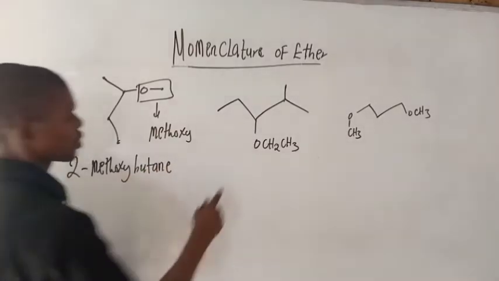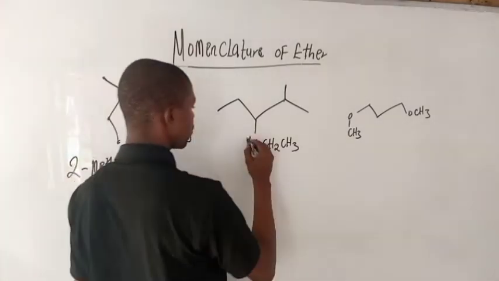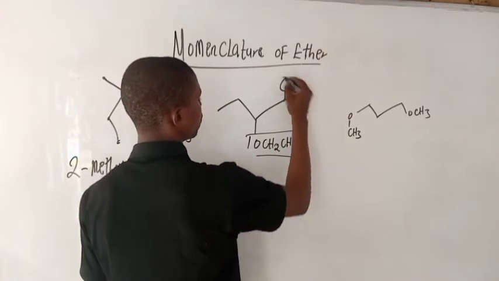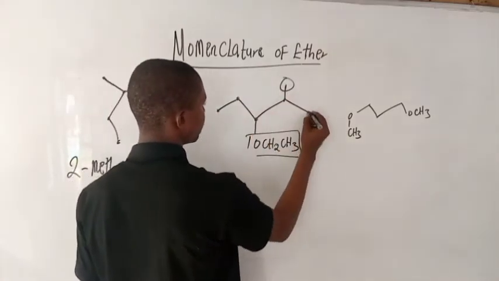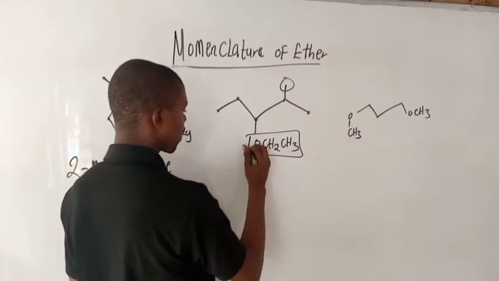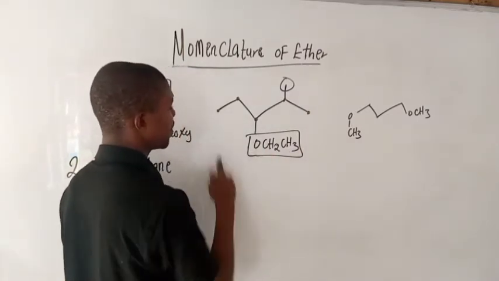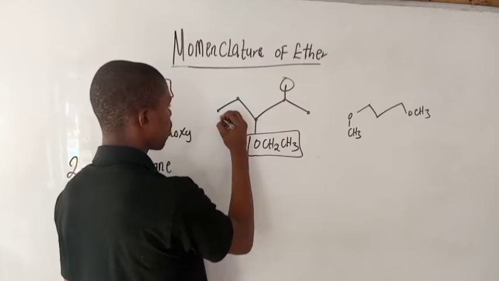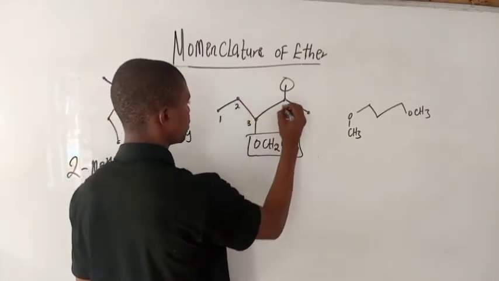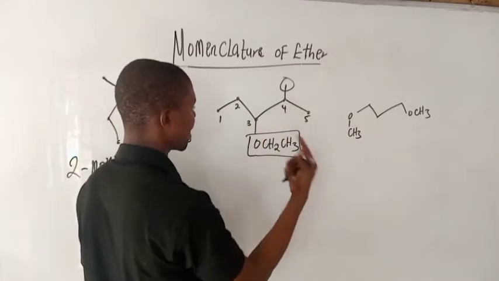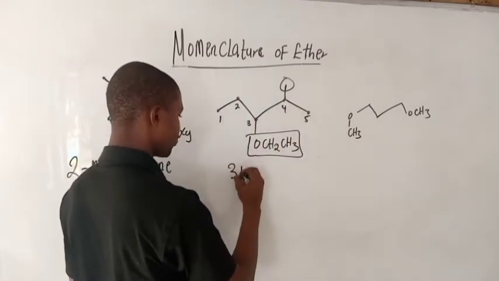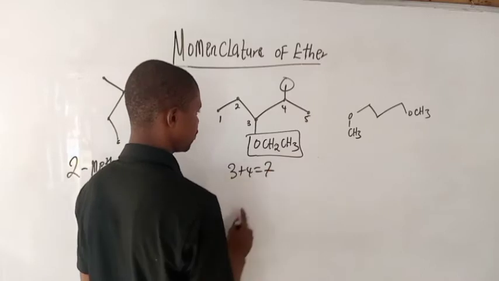What about this one here? We also have substituents here. Here we have 1, 2, 3, 4, 5. What will be my correct number? If I start my number from here, I have 1, 2, 3, 4, 5, with substituents on carbon number 3 and carbon number 4. So 3 plus 4, I have 7.